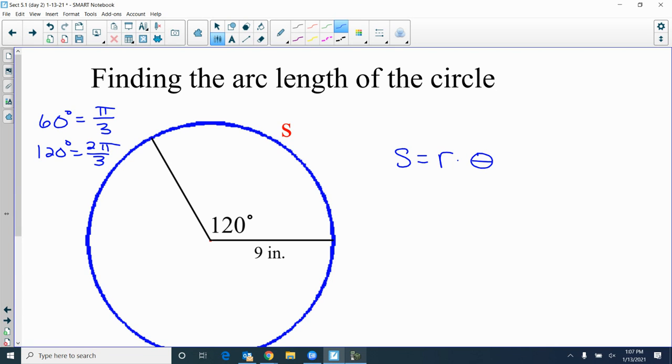So now if I take S equals 9 times 2 pi over 3, multiply 9 times 2, which is 18. 18 divided by 3 gives me 6 pi. So I got the same answer. Now, which one's easier? I don't know. It depends on how you look at it. Probably you're multiplying 2 things together. Maybe this one's easier. But if you can't think of the formula or remember it, then it doesn't matter.